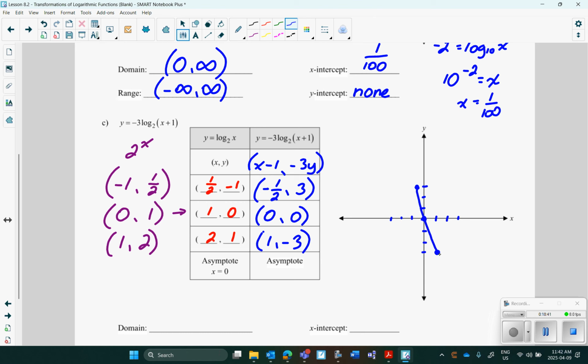Now the question is, where's the asymptote? At 1? -1 is correct. That's right. So that sort of tells you which one you draw off like that, and then which one you draw along the asymptote to finish.